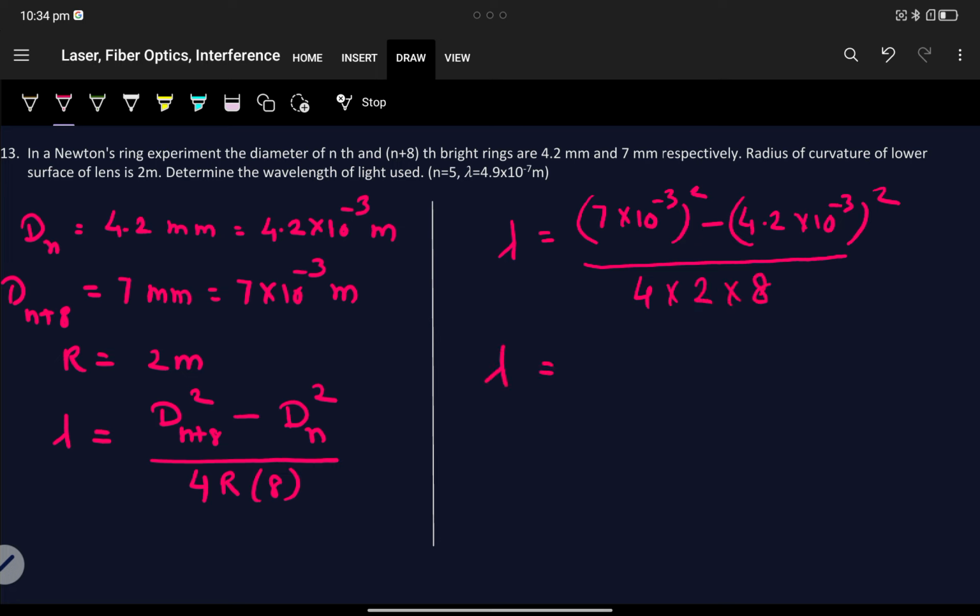So the wavelength comes out to be 4.9 into 10 to minus 7 meter.